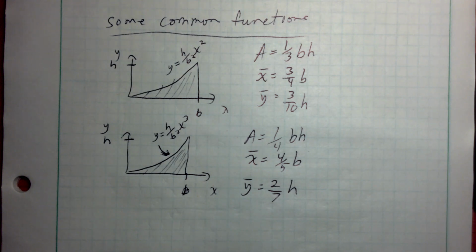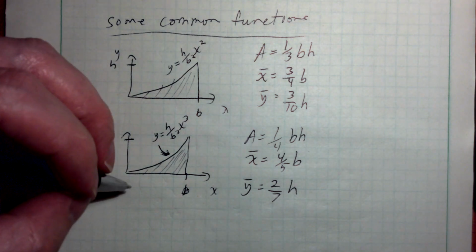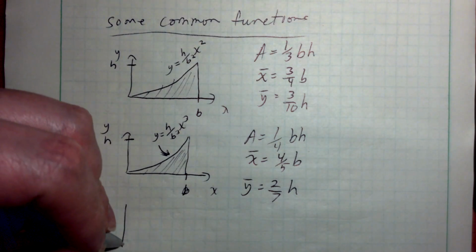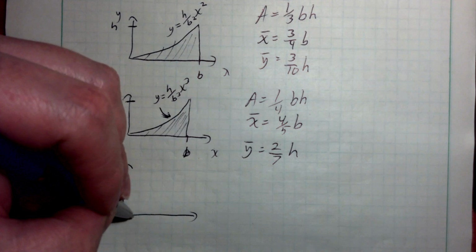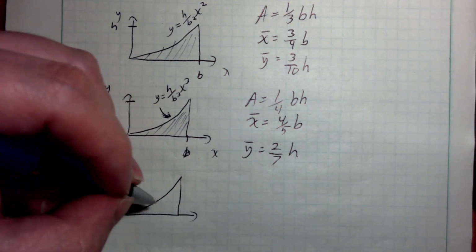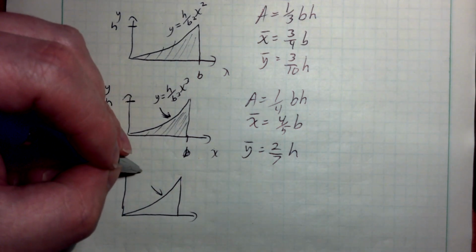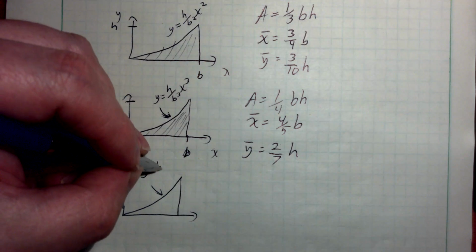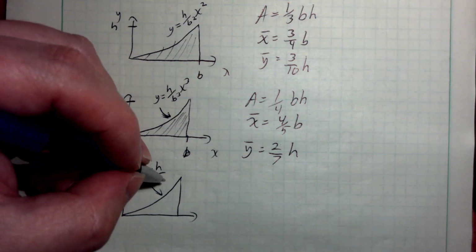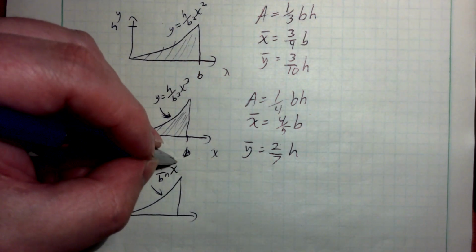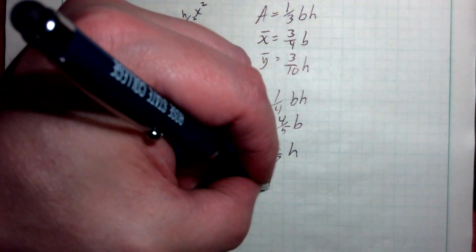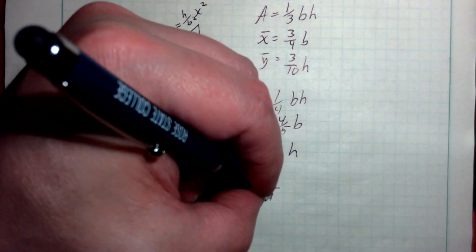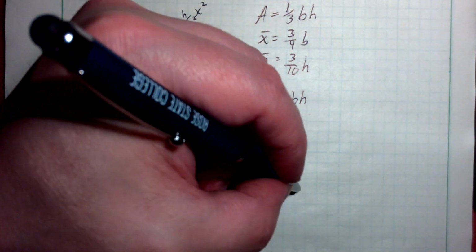So we don't apply the logic out, and we say, okay, well, isn't there a pattern? Yes, a pattern actually emerges. The pattern that emerges is for any polynomial, y equals h over b to the power n, times x to the power n, then the area ends up being 1 over n plus 1, where n is the order of the polynomial, times bh.